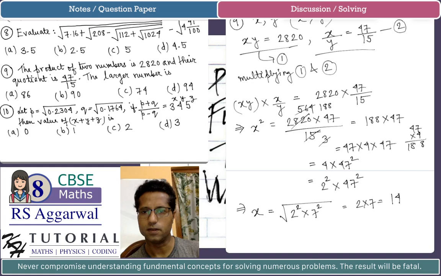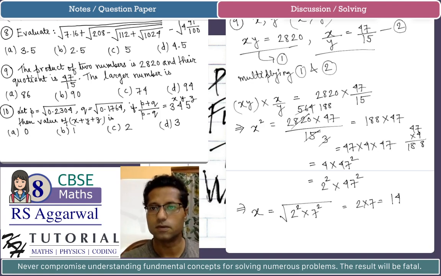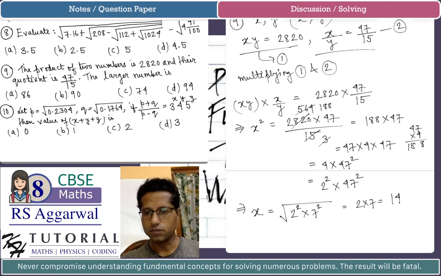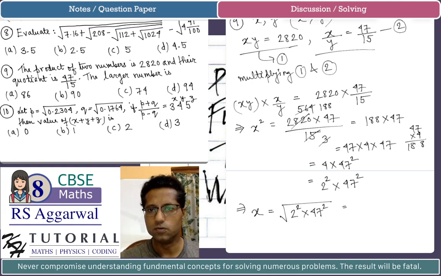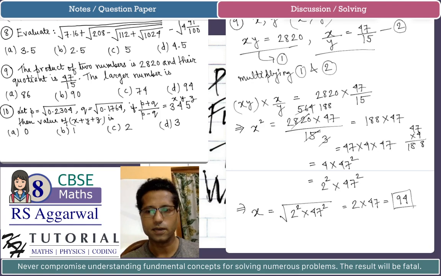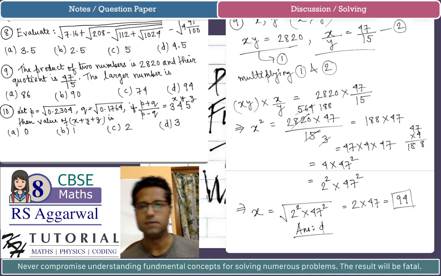Oh, sorry, this is not 7 square. What am I doing? 2 square into 47 square. So this will be 2 into 47, which is equal to 94. So the larger number x is 94, and the correct choice is D.